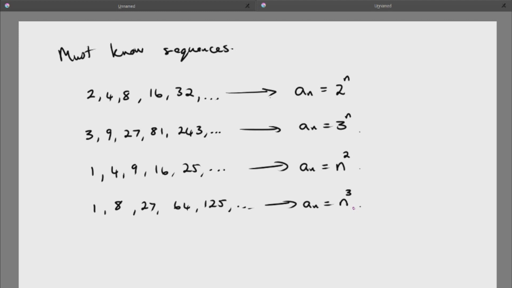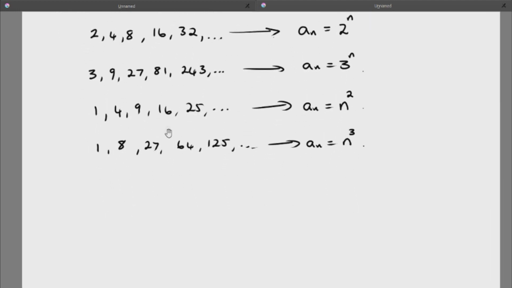All right. Now, to make it a little more spicy, we want to use these to identify other sequences that are built on these. Exercise 1.5.